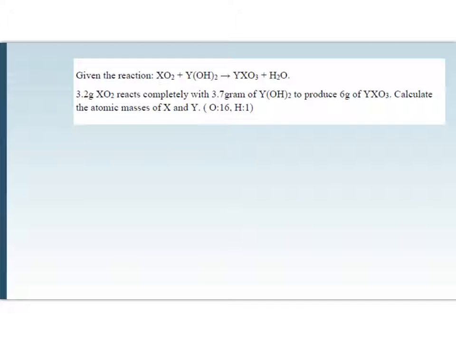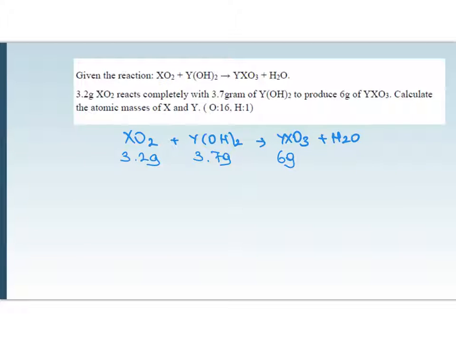Another example. There's a reaction already balanced, and you have some unknown elements like X and Y. Now first I'm writing the reaction all over. It says you have 3.2 grams of X oxide combining completely with 3.7 grams of Y hydroxide to produce 6 grams of YXO3.